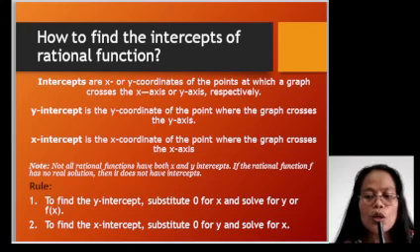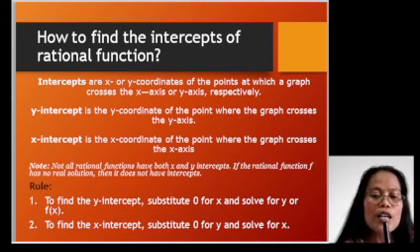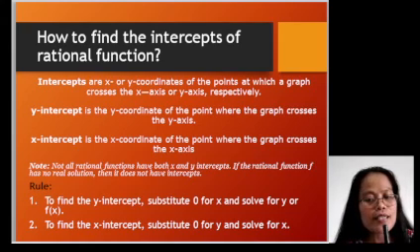You have to take note that not all rational functions have both x and y intercepts. If the rational function f has no real solution, then it does not have intercepts. So we have rules here. Number one, to find the y-intercept, substitute 0 for x and solve for y, or f of x.